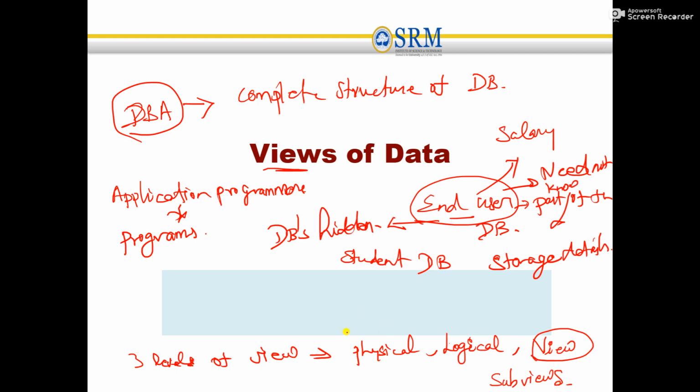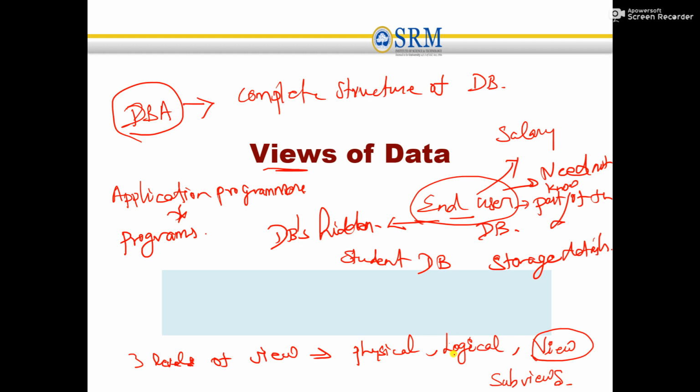The first level is called the physical level. It gives the perspective of the database administrator: in what structure the database is stored, whether it is stored in a sequential way or in some other way. This physical view is the lower level of the database.